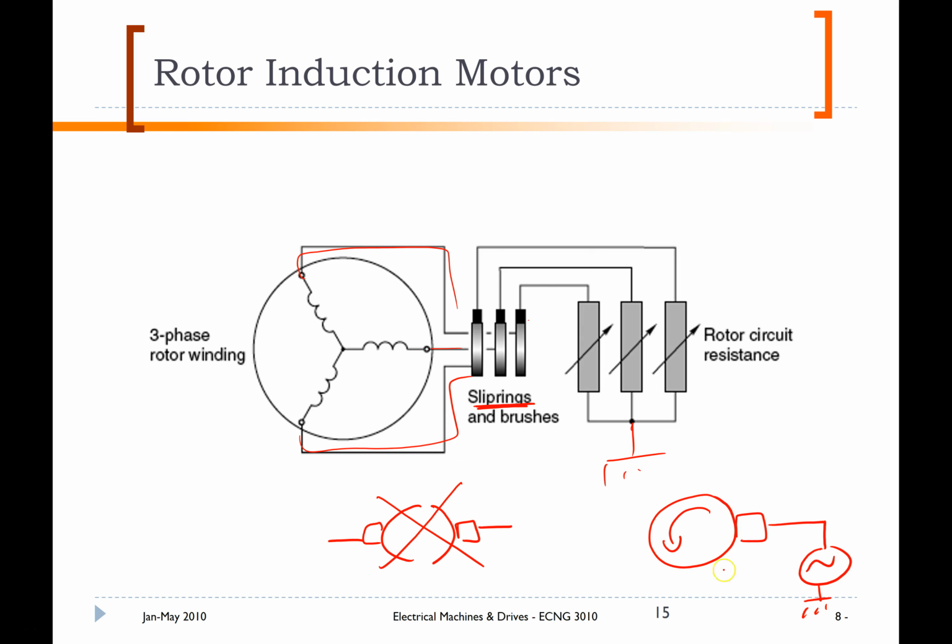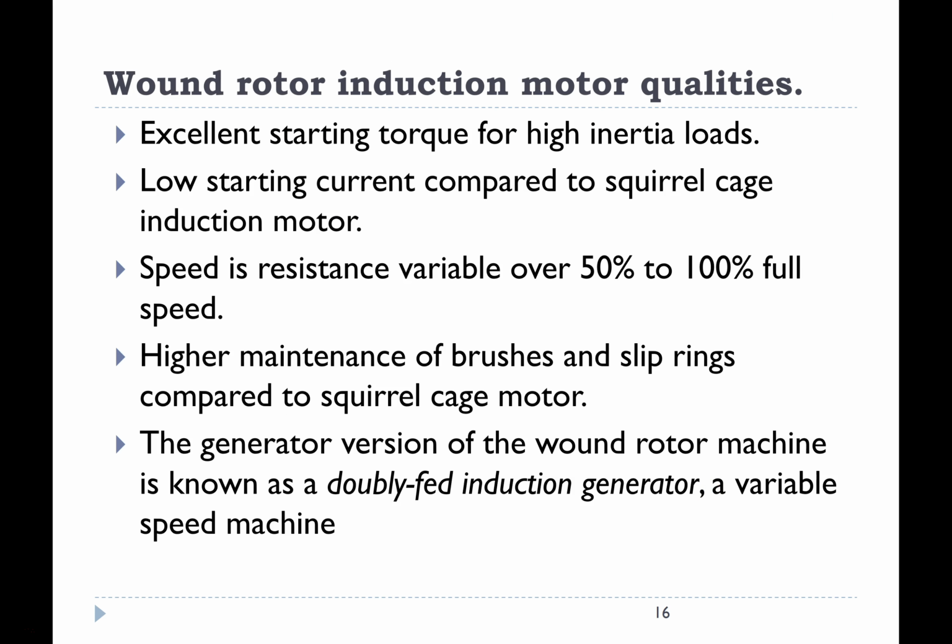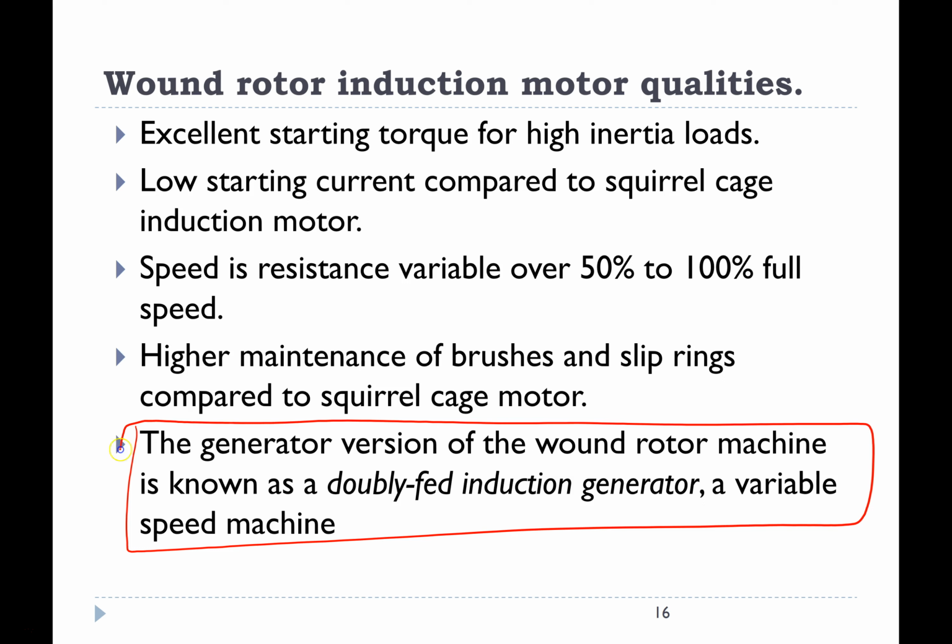So the ring rotates, but it maintains contact with a stationary external system, and you could connect resistors to this, or you could also connect a power supply. And the version of this that is used for generation in wind turbines and so on is called a doubly fed induction generator.